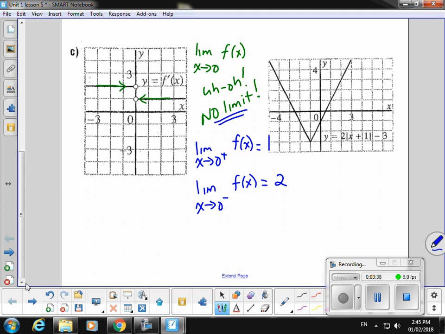There are holes. This last one, an absolute value function. We want to know what's going on as x approaches -1. As I come from the right-hand side, I'm getting closer and closer to a value of 0.